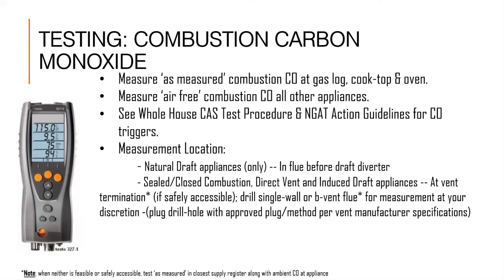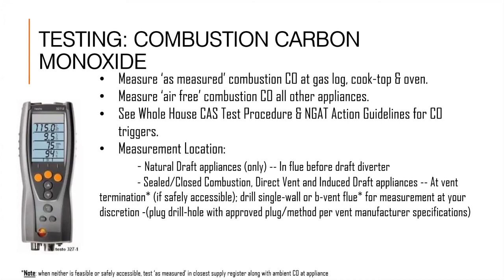Natural draft appliances are sampled in the flue before the draft diverter, and sealed combustion, direct vent, and even induced draft appliances are measured at the vent termination. There are also some exceptions.